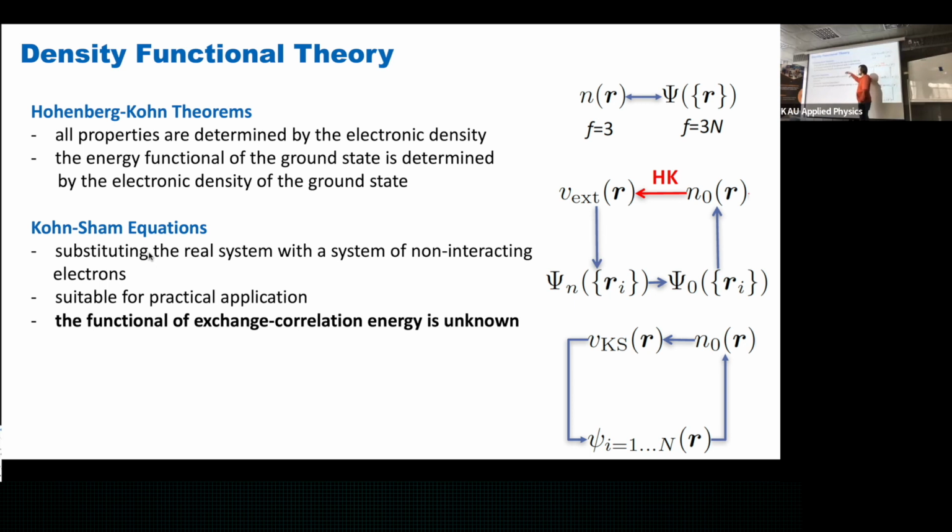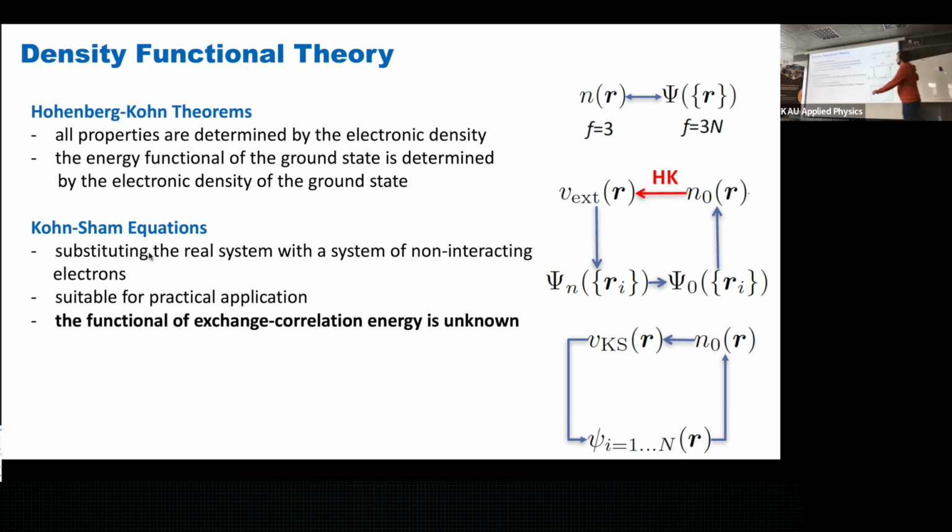The energy functional of the ground state depends only on the electronic density of the ground state. Ground state to ground state, nothing more. These theorems were very important, but they didn't show us a way to apply them to real systems, to calculations.